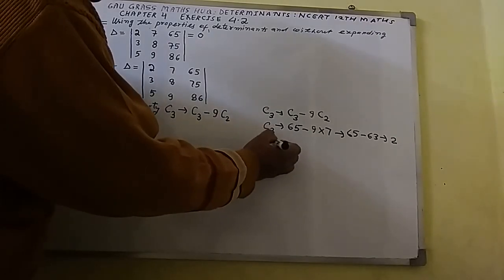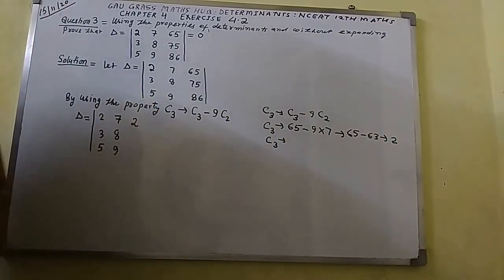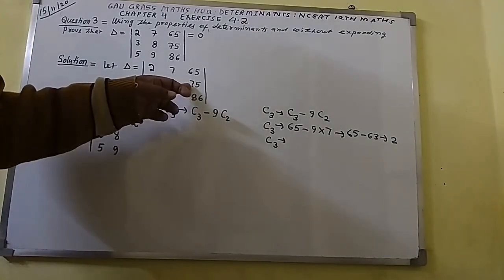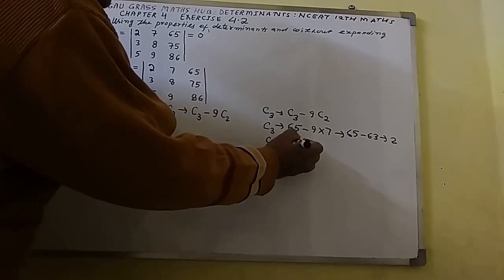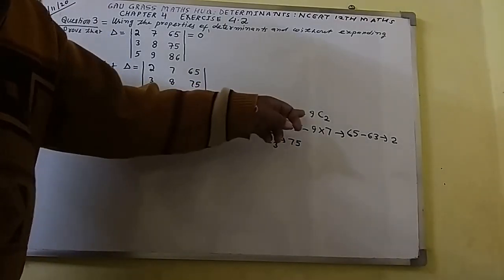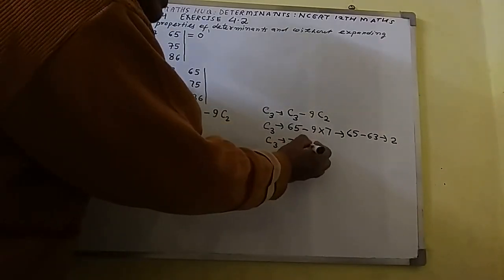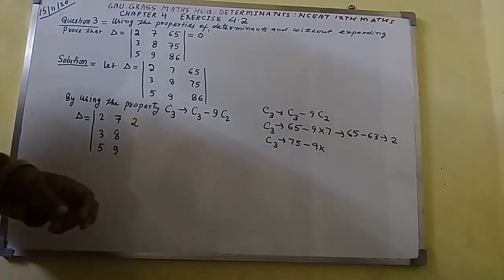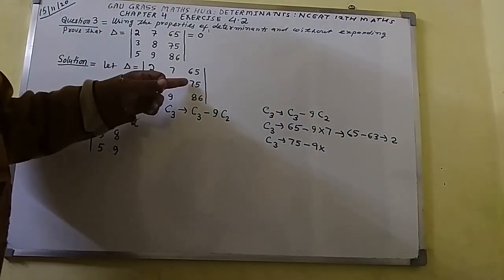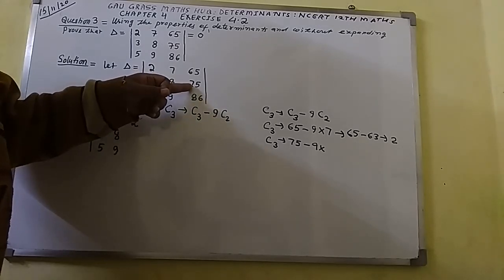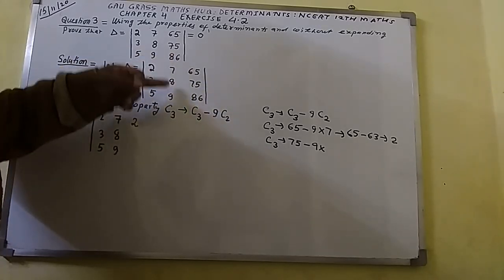Again, C3 goes to, if I take the value of C3 as 75, in place of C3 I shall write 75, minus 9 into the corresponding element of 75 in the second column, which is 8.